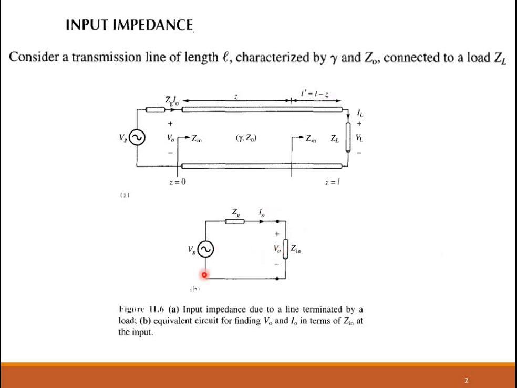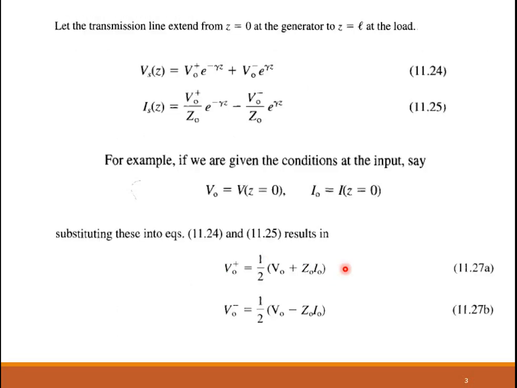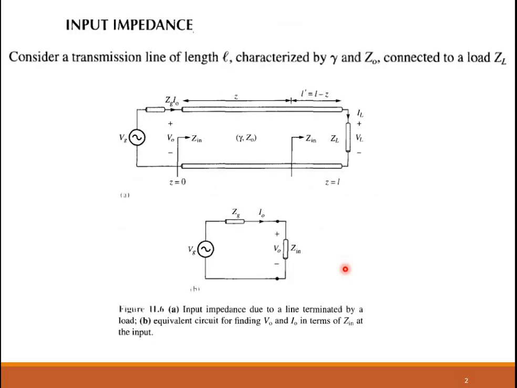Further simplifying this circuit, we're just drawing it in this way. This is the impedance of the generator, and Zin is your input impedance. First of all, what do we actually mean by input impedance? It is looking into the line. This is your transmission line, and these are the two conductors of the transmission line.